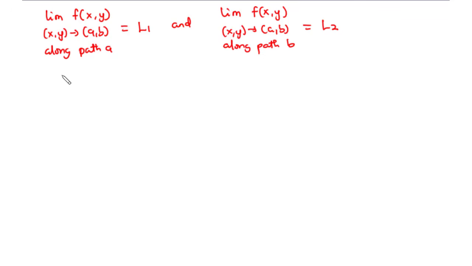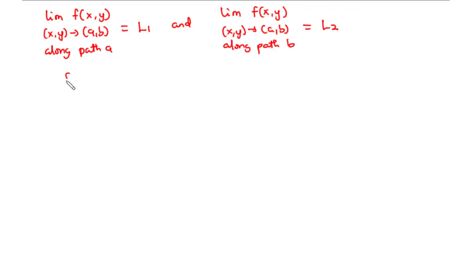Now because we have infinitely many directions in approaching the point (a, b) for a function of two variables, what we just need to do is to find two limits from two directions which are not the same.